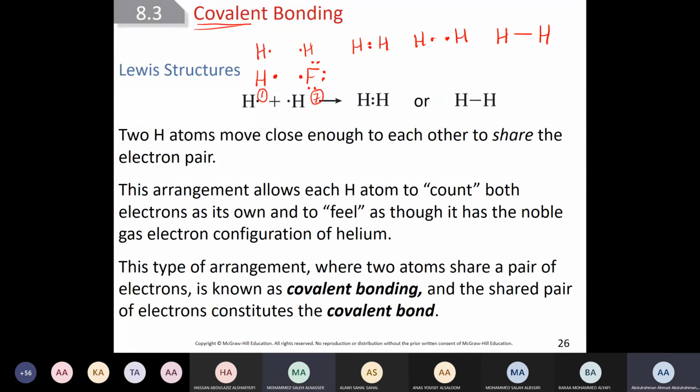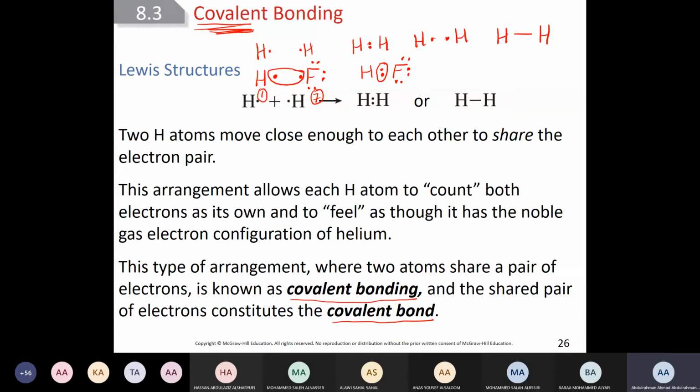If they share these 2 electrons, what will happen? How many electrons will be around the hydrogen? 2. And how many around the fluorine? 8. And both will be happy. We call this sharing of electrons covalent bonding.